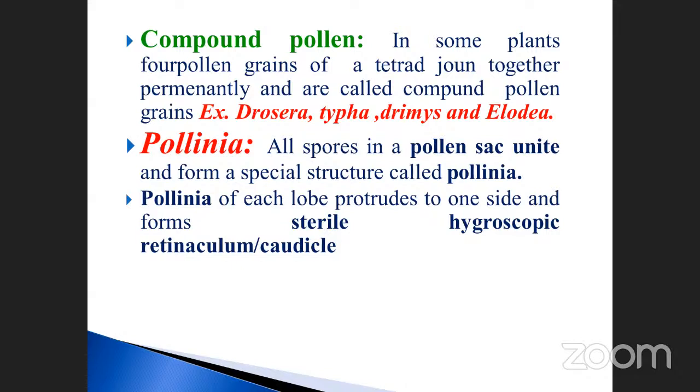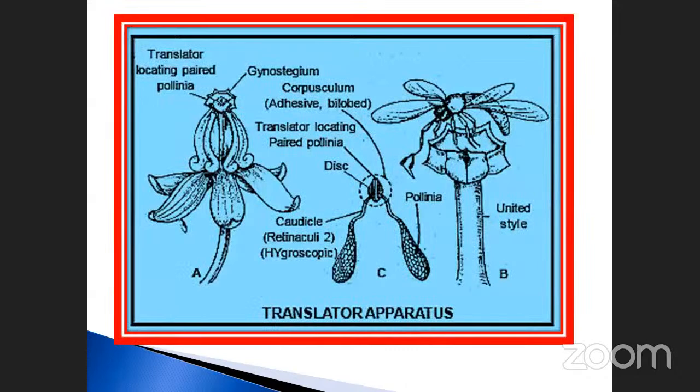These 4 are united together and produce a protruding structure. On one side it is called the sterile hygroscopic retinaculum. They may ask in which plant or which family it is present. See, this is the structure.